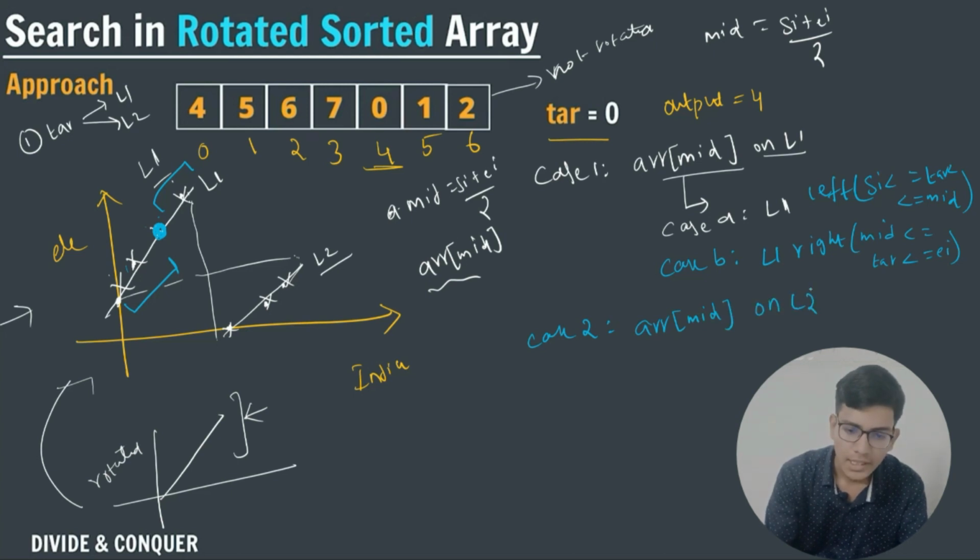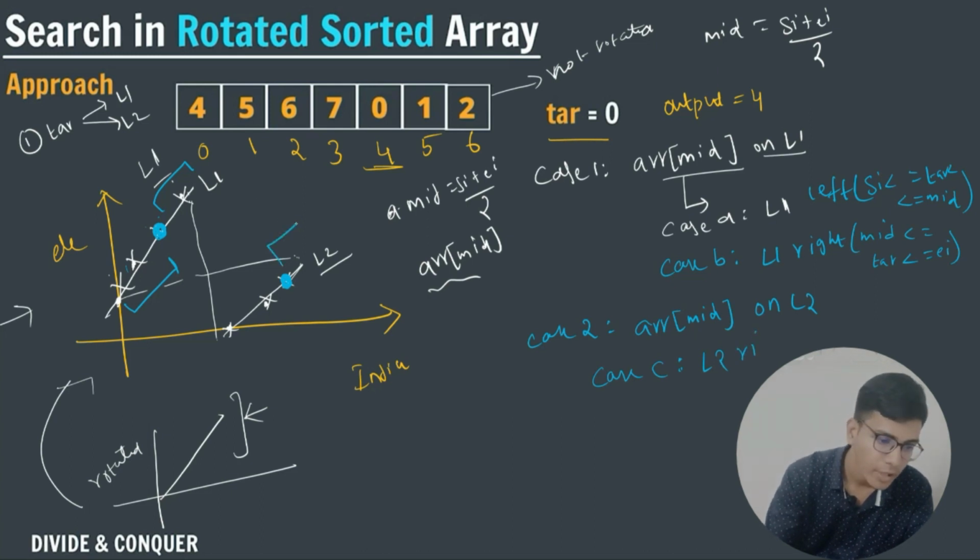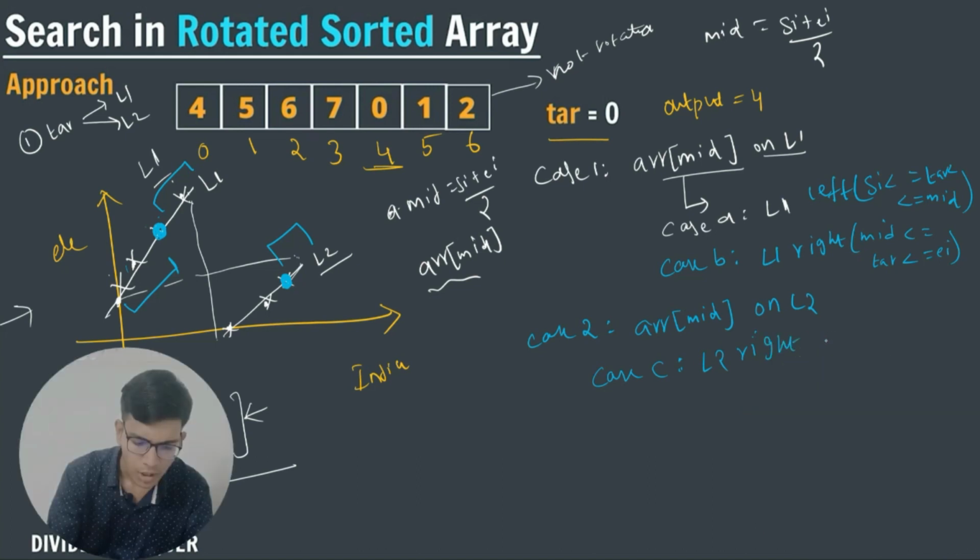Case 2, if our arr of mid lies on the second line, somewhere right here, then in this we'll also have two cases. Let us consider case 3, that on line 2 our target lies on the right side, somewhere right here, our target is here and our mid is here. So on the right side our condition should be: first of all our mid should be less than or equal to target, and target should be less than or equal to ending index, right?